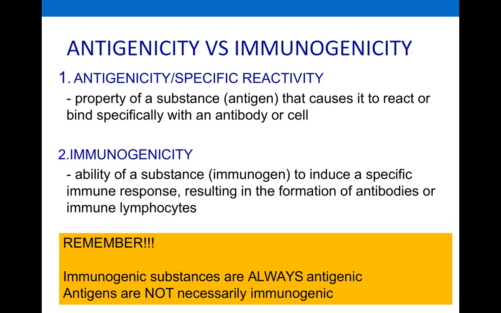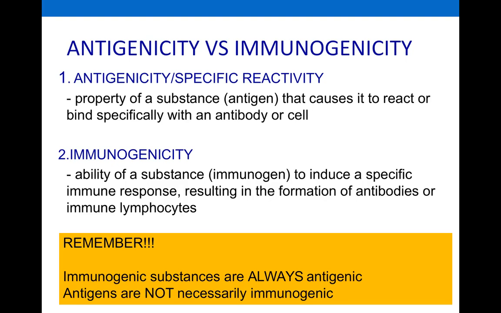But what really is antigenicity and immunogenicity? How do we use these terms? Now, antigenicity or specific reactivity is the property of a substance, which is an antigen, that will cause it to react or bind specifically with an antibody or a cell. So basically, if there is an antigen-antibody or antigen-cell encounter, it's called antigenicity, specific reactivity.